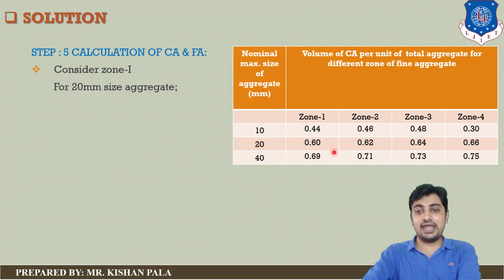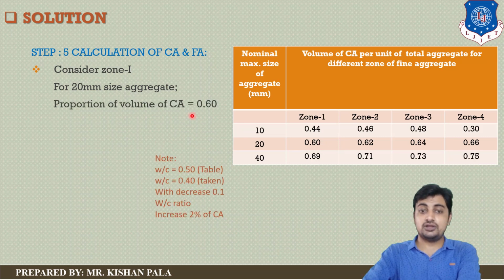So you have to take the volume of coarse aggregate based on the zone and nominal maximum size of aggregate. Here we consider zone 1, and we are using the 20 mm size of aggregate. It means we have to take the 0.6 volume of coarse aggregate.